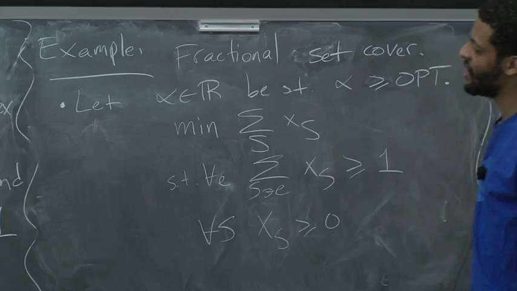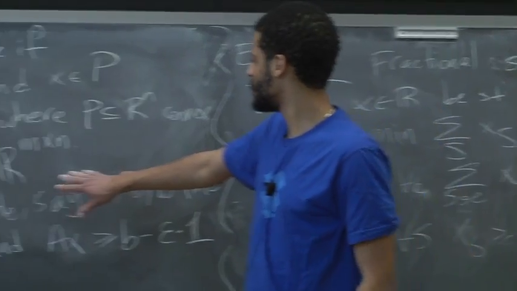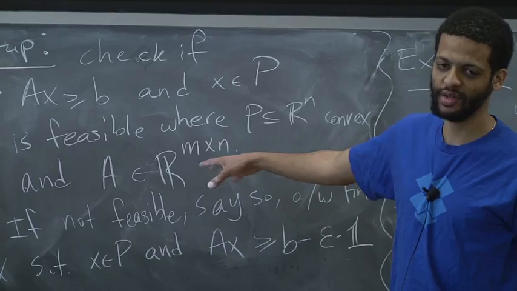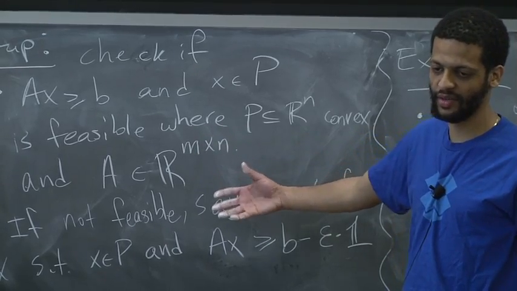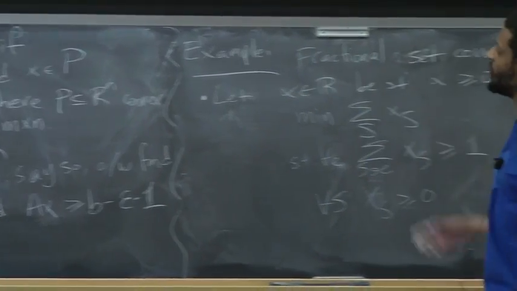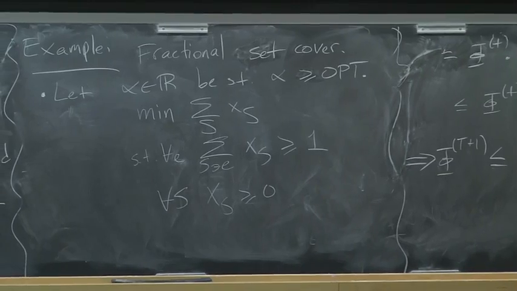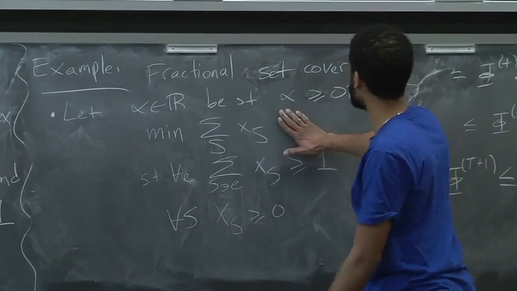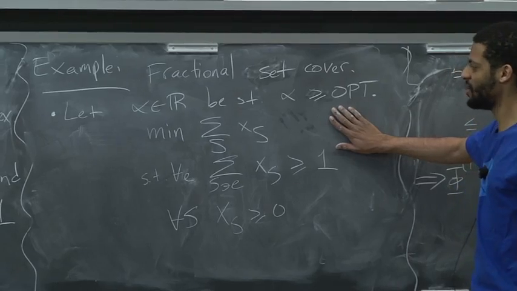Right, so as I described it here, there's no optimization. There's no minimize of linear forms. This is just a feasibility question, right? So the way you would use it for a problem like this is you would assume that you know an alpha such that alpha is at least opt.